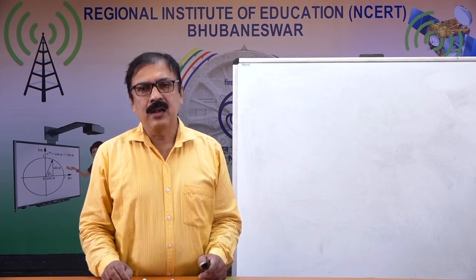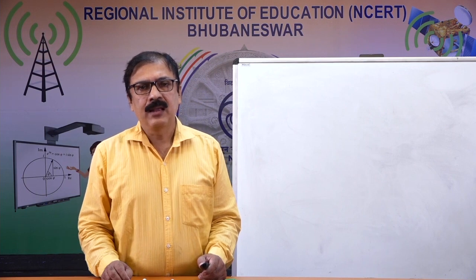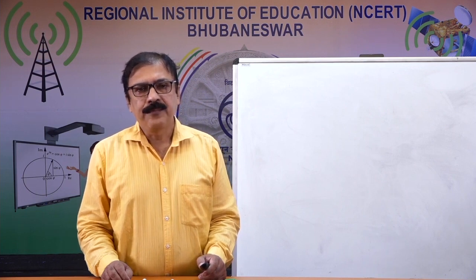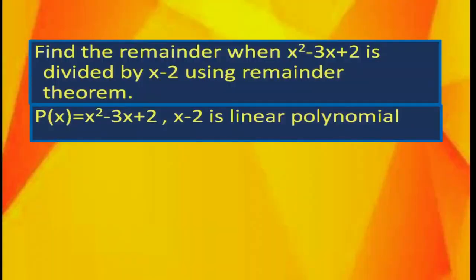So, by division, we can say that P(x) is our x square minus 3x plus 2, and x minus 2 is a linear polynomial. So, to find the remainder, we can replace x by 2, that is, evaluate the polynomial for the value of x as 2.